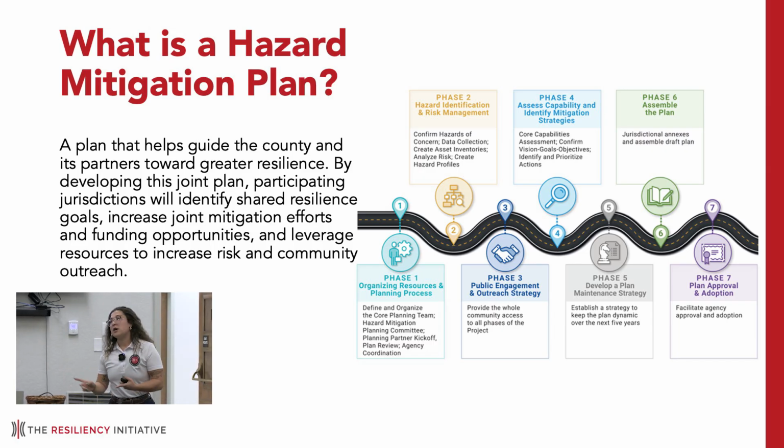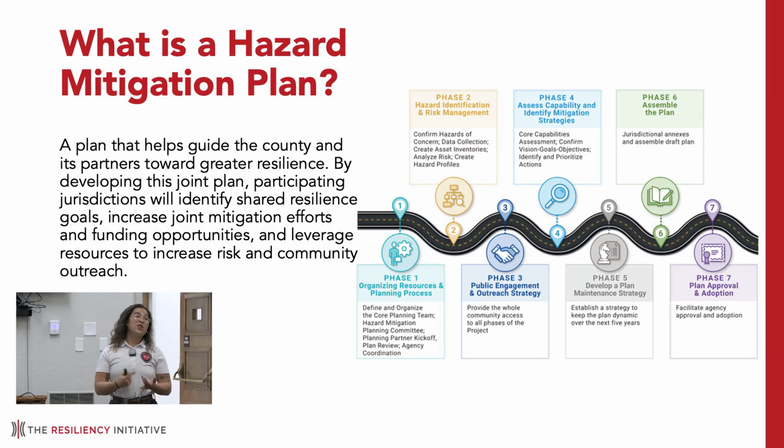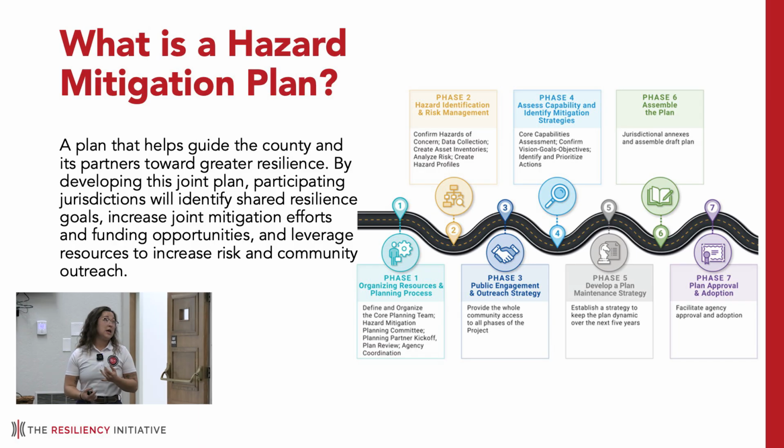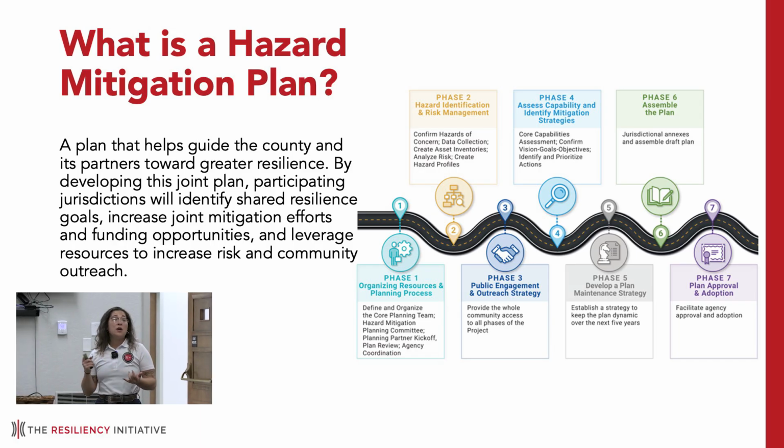So looking at the emergency operations plan, building codes, the last hazard mitigation plan, and the general plan safety element, what's already in place that we can review. While a big part of the hazard mitigation plan is creating new strategies to mitigate risk, we also don't believe in recreating the wheel, right? There are already resources out there. We want to utilize those as we move forward in this project.